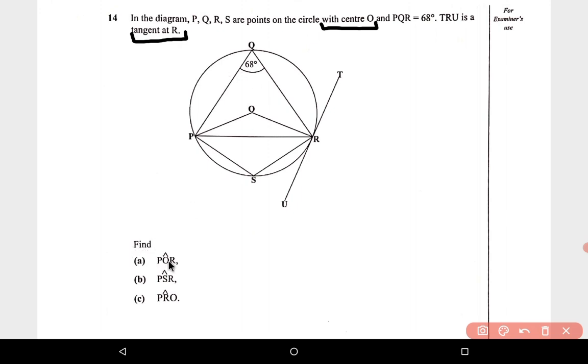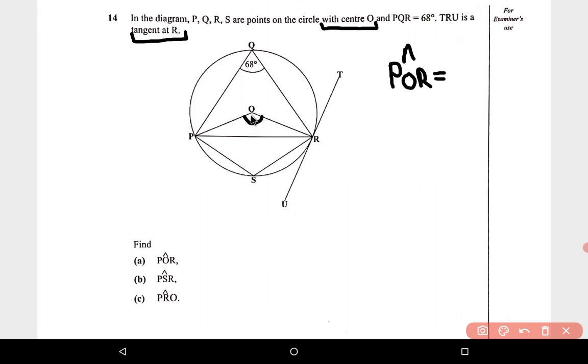Find POR, and this is very simple. POR, the angle in the middle, is this angle that is here. Remember we have a property which says that the angle at the center is twice the angle on the circumference, so long as they are all originating from the same chord.